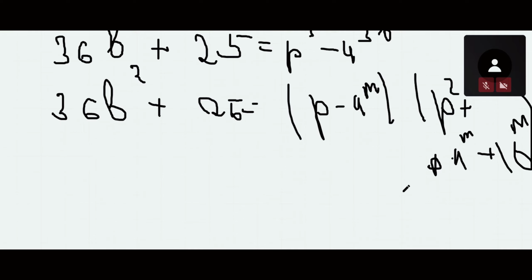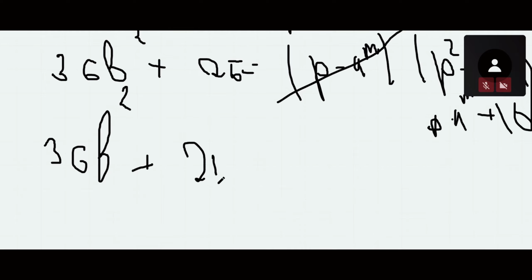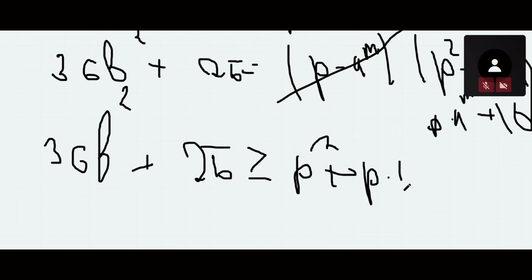Okay, so therefore we are done. If we remove this part, it means 36b squared needs to be bigger than the rest, like p squared plus 4m plus 16m.